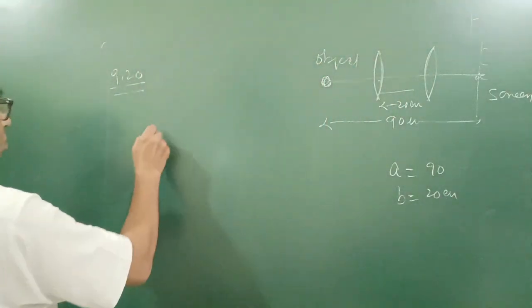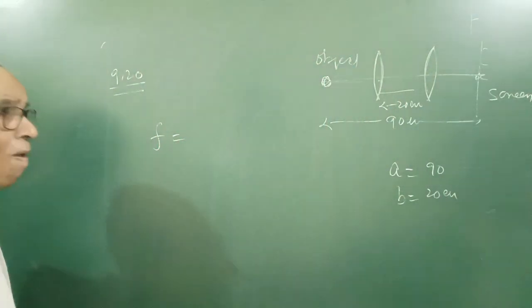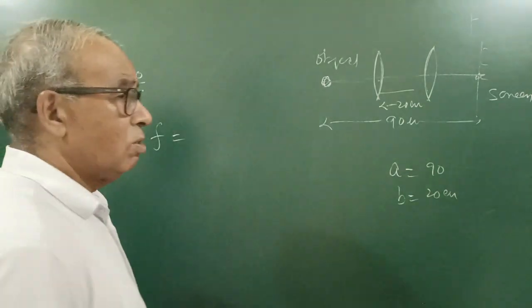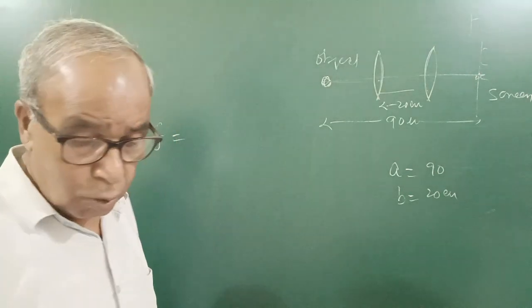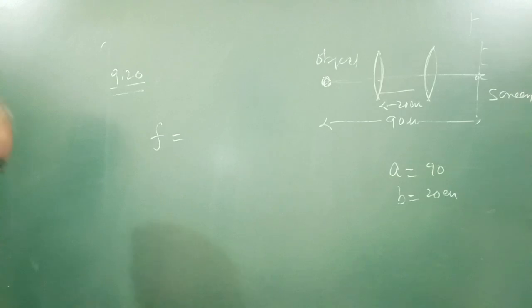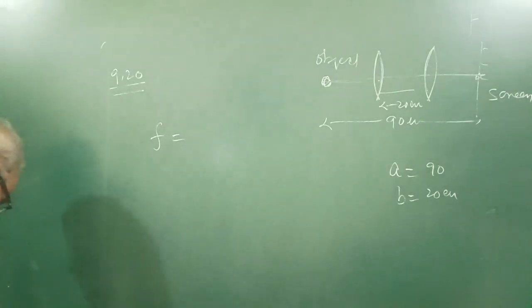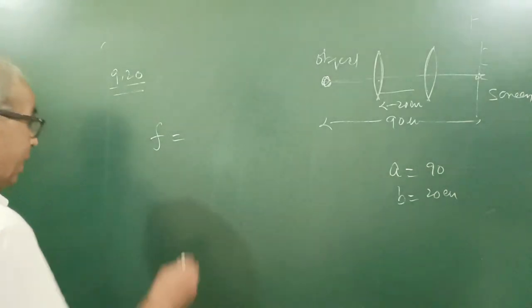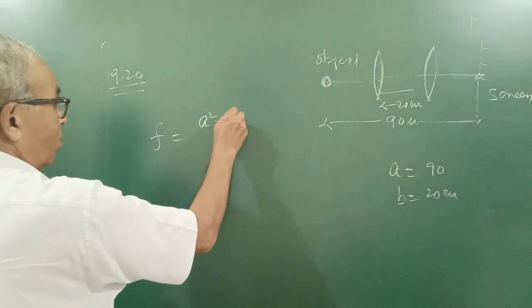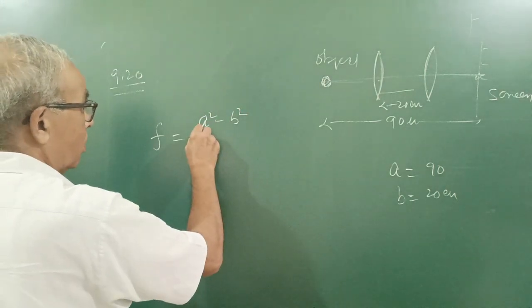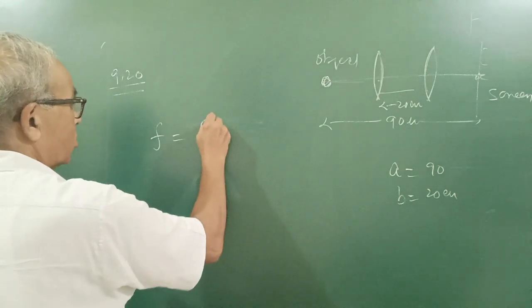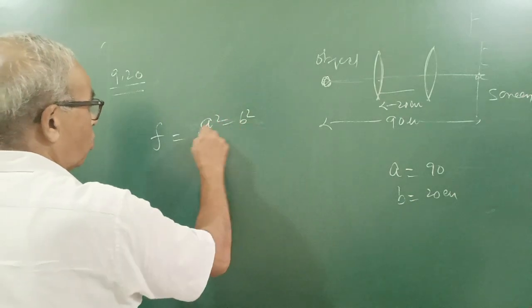And the focal length, you remember, what did we get? It was A square minus B square upon 4A.